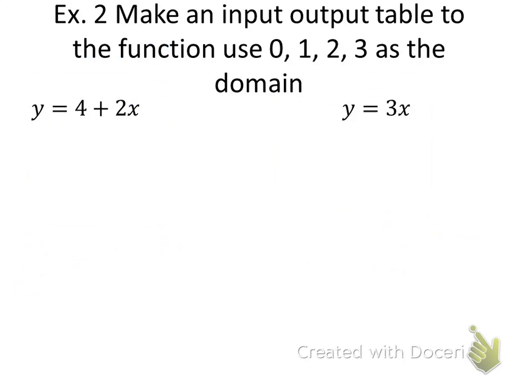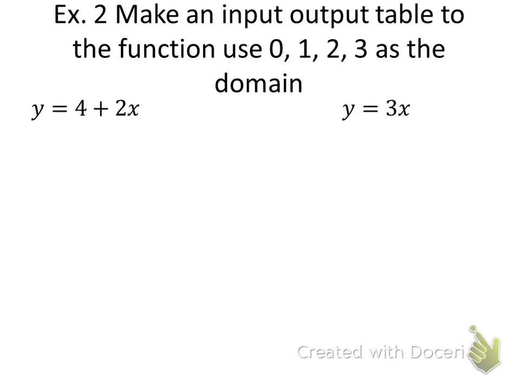Okay, so in the next example, what they want me to do is make an input and output table for the equation that they have given me. And they said use 1, 2, and 3 as the domain. Okay, first of all, what is the domain? Is it input or output? Input. And if I have an equation, what letter am I plugging that input in for?